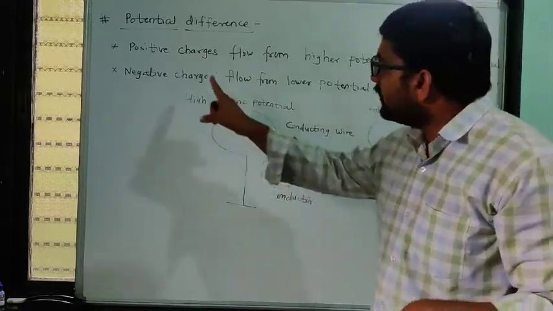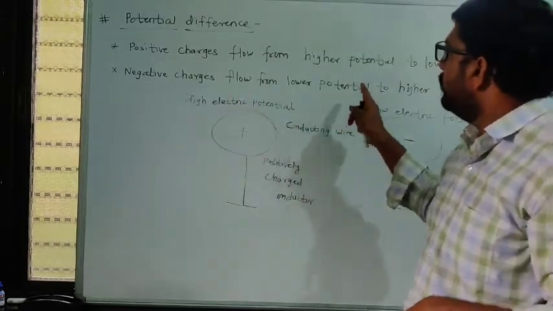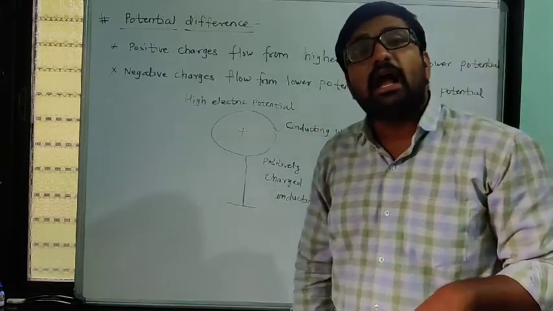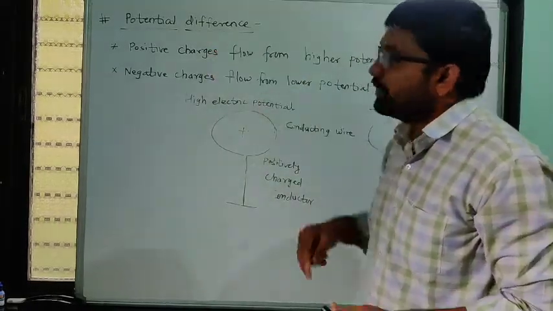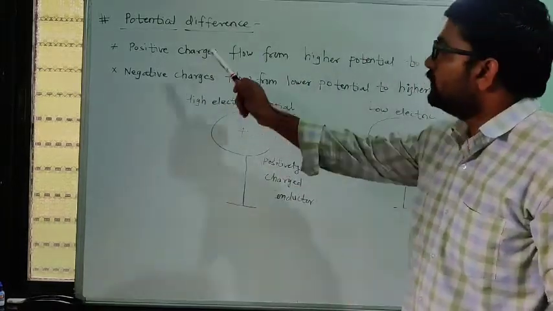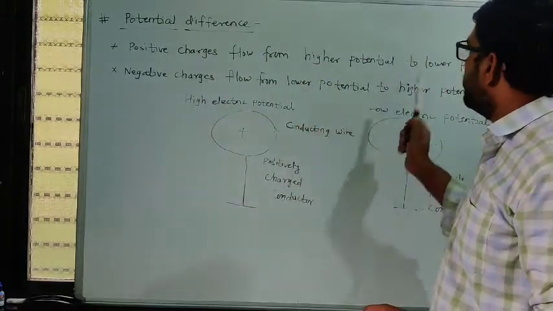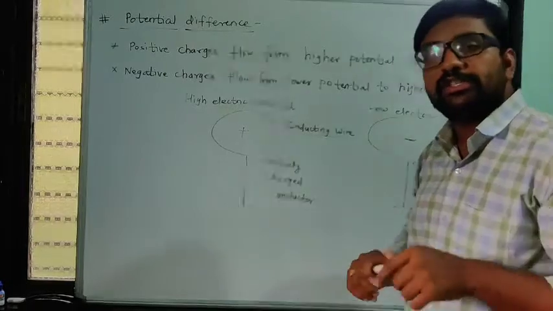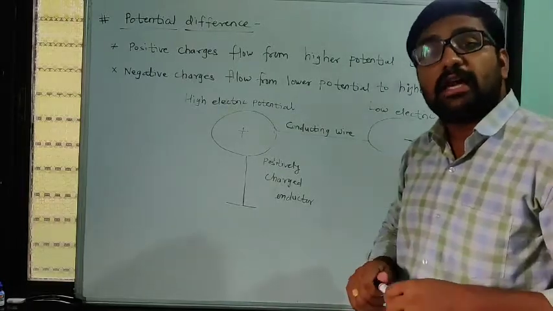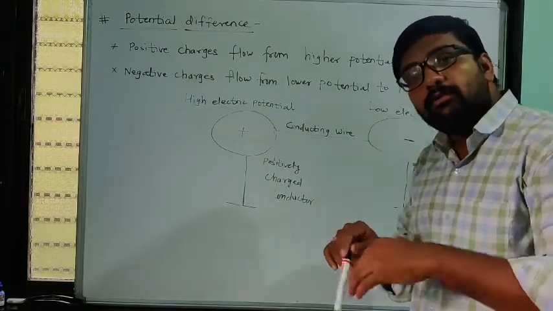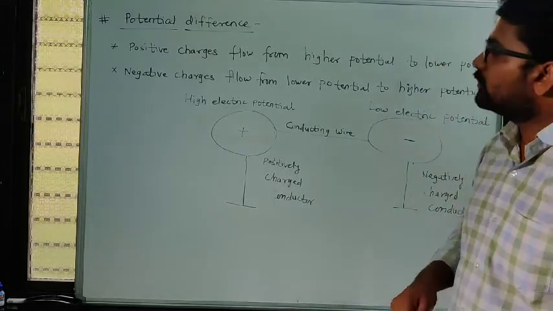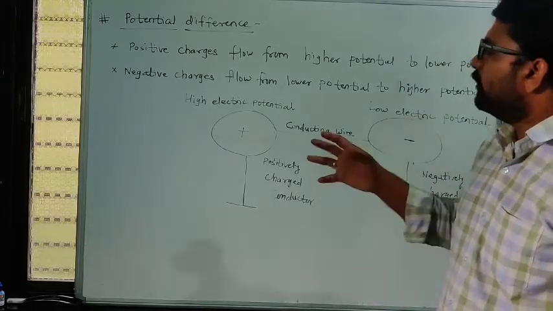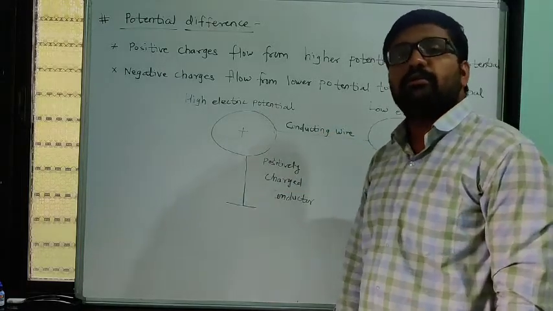So here all the electrons flow from lower potential to higher potential. Those two statements you also have to remember: positive charges flow from higher potential to lower potential, and negative charges flow from lower potential to higher potential.